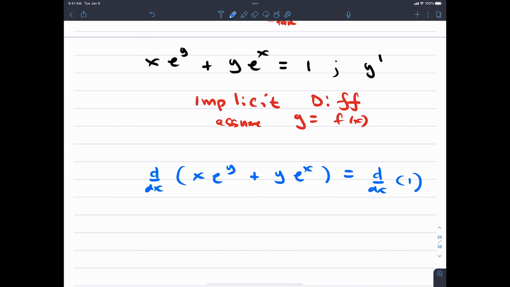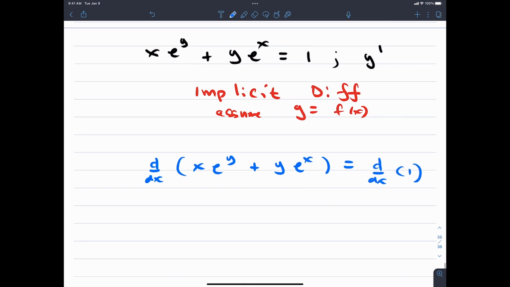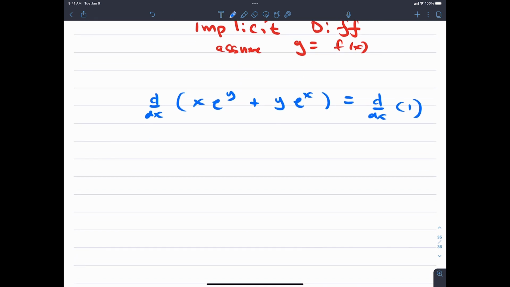So implicit differentiation is also in Calculus 2 because it was in Calculus 1. You guys okay with that one? And then you say, okay, what do I do? Well, the derivative of a sum is the sum of the derivatives. And the derivative of 1 is 0, by the way. So I'm going to differentiate that.